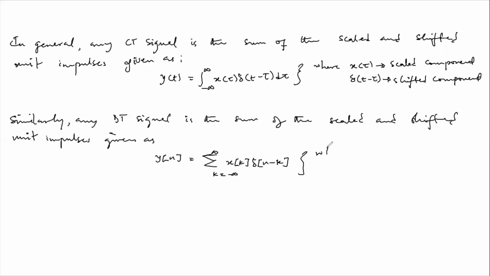Now, in the same way here, s of k is a scaled component, and delta of n minus k is a shifted component.